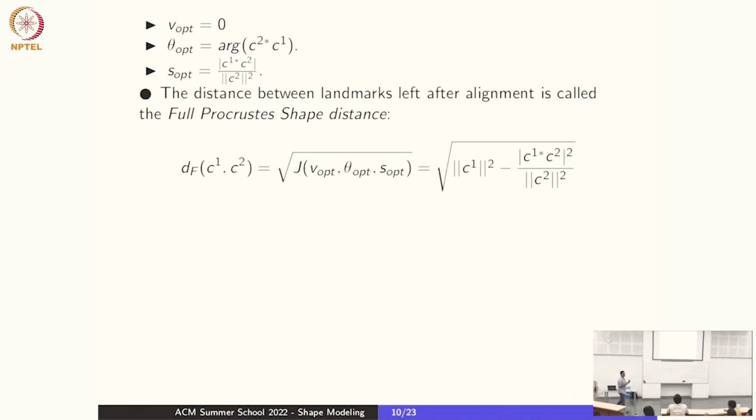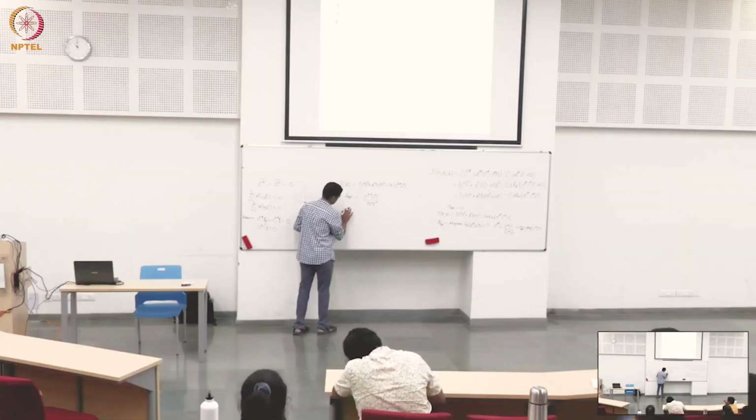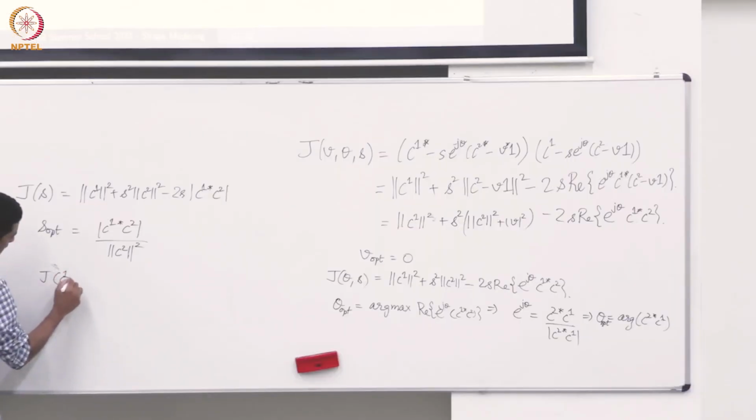Now, after doing all of this, the difference between the landmark points is what is called the shape difference or the full Procrustes shape distance. That is nothing but you substitute the optimal value of scale here. So that's your C1, C2, or write it using the same notations.